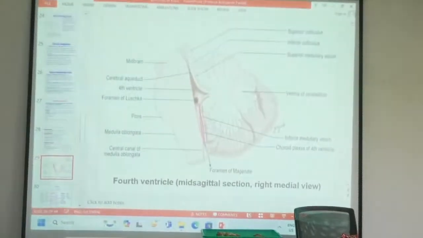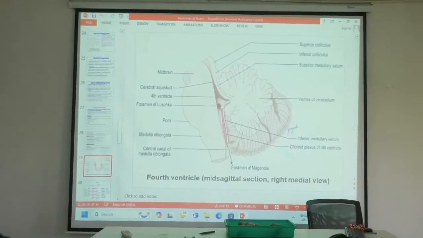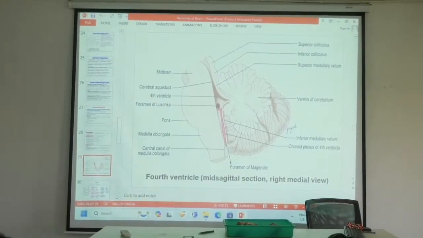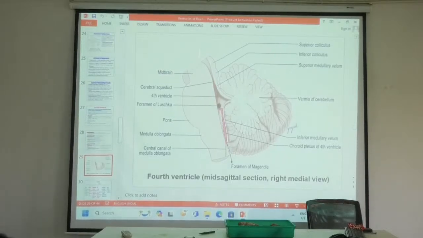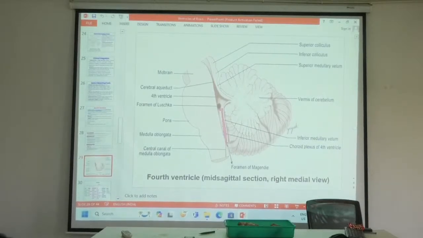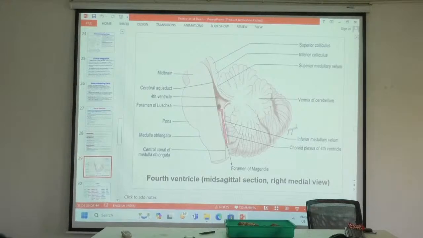Okay. So see here, this part is midbrain, pons, and medulla. Here is the cerebellum, and this tent-like cavity is the fourth ventricle. It is connected above via the cerebral aqueduct with the third ventricle, connected below with the central canal of the medulla oblongata here. So this tent-like part is forming the roof.